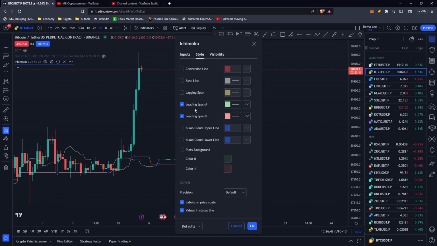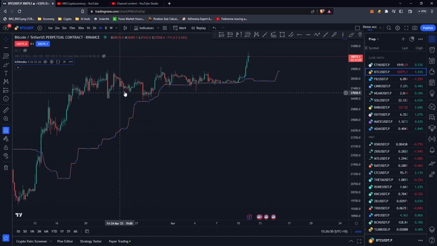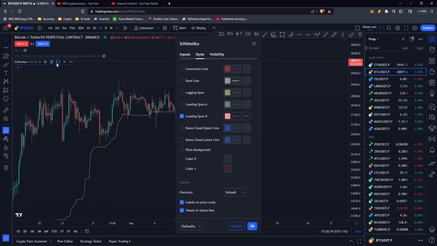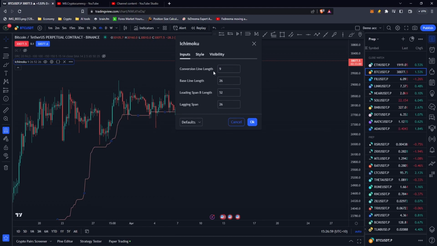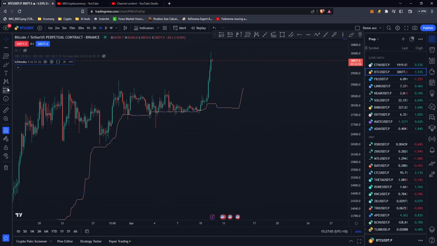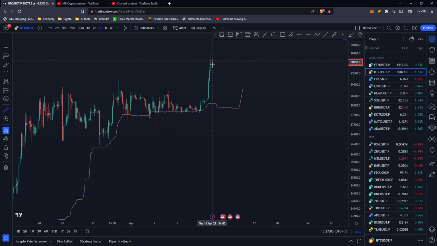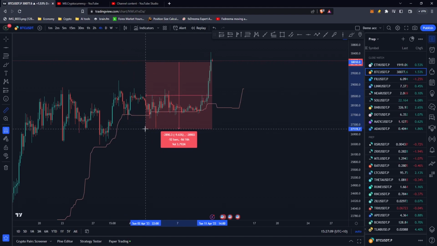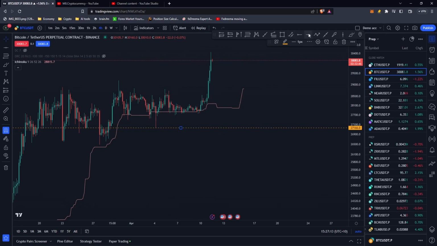Let's talk about leading span B first, because we already talked about the conversion line and the baseline. It's really the same, but instead of 9 for the conversion line or 26 for the baseline, we're looking at 52 candles. So the last 52 candles, the highest and the lowest is here.